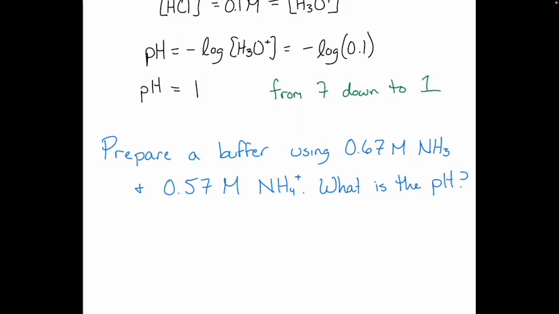All right, and let's figure out what the pH of this buffered solution is before we get started. Okay, we can use that new equation that we just derived, that Henderson-Hasselbalch equation, which equals the pKa plus the log.